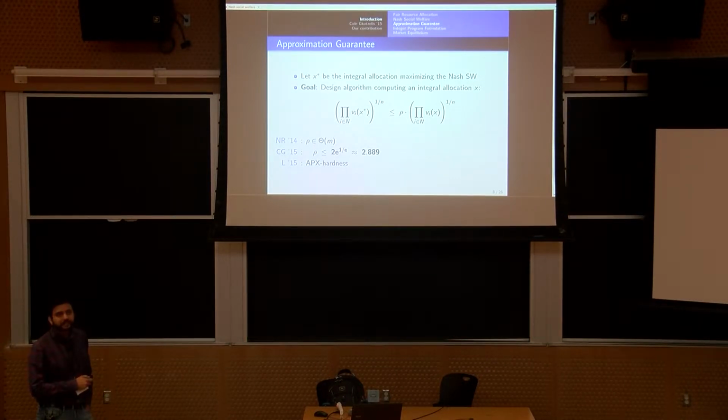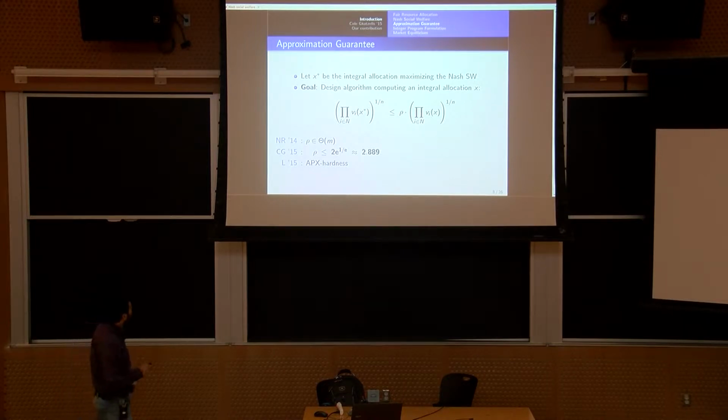We want to find an allocation that approximates the best social welfare. In particular, we're going to take the geometric mean instead of the product. Again, just a normalization. And we want the allocation to have this geometric mean not too far from the optimal allocation, a multiplicative factor of rho.